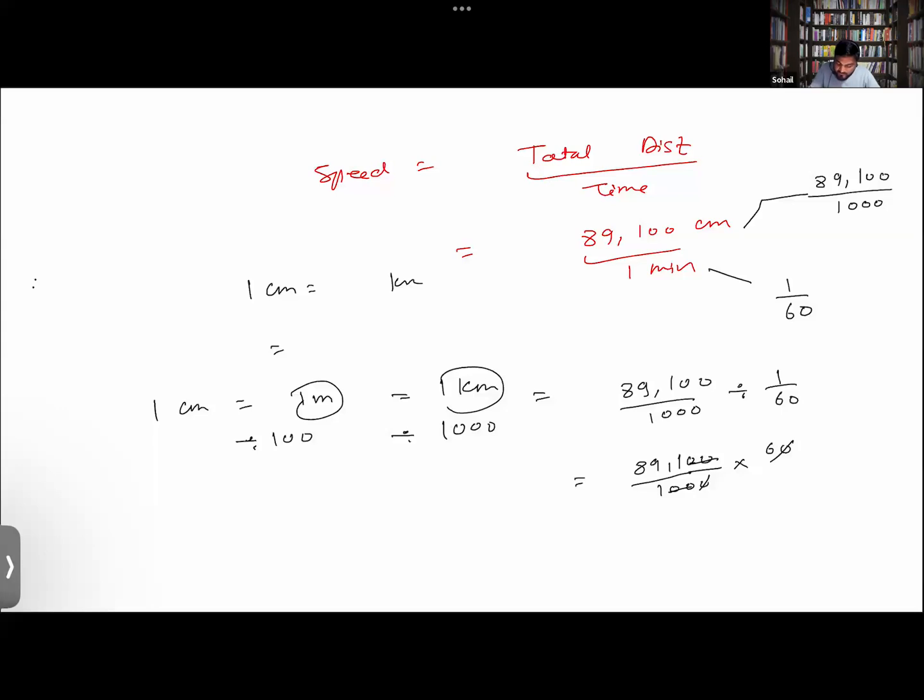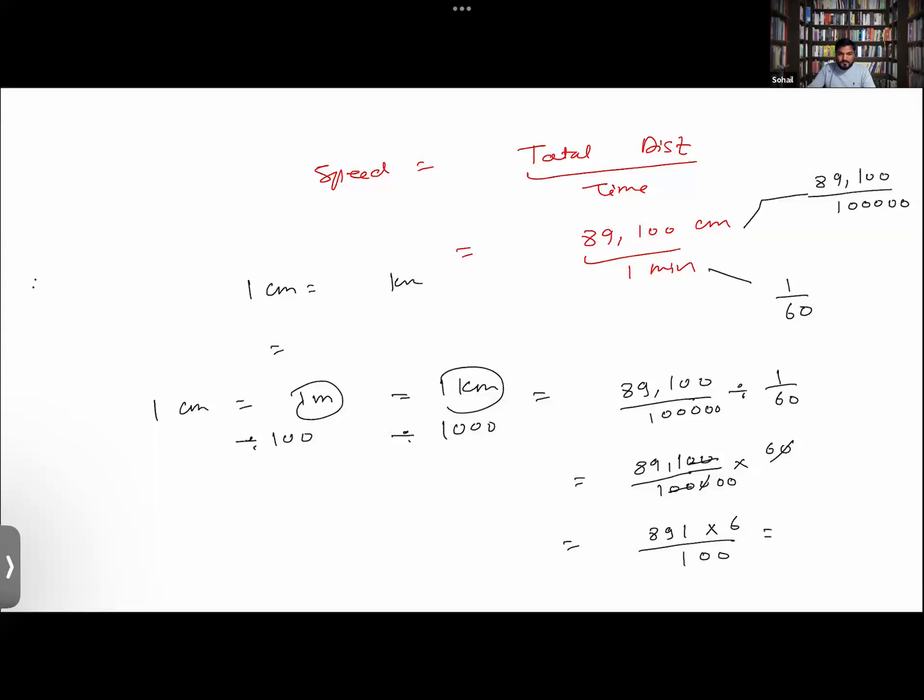So there will be 5 zeros here. 10,000. Okay, so now it's 891 times 6 upon 100. Now do tell me what value you are getting. One of you please solve it quickly. Sir, Ahmed, we also have to multiply by nothing, sir.